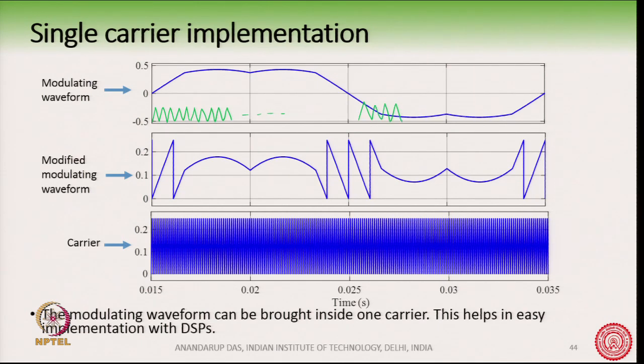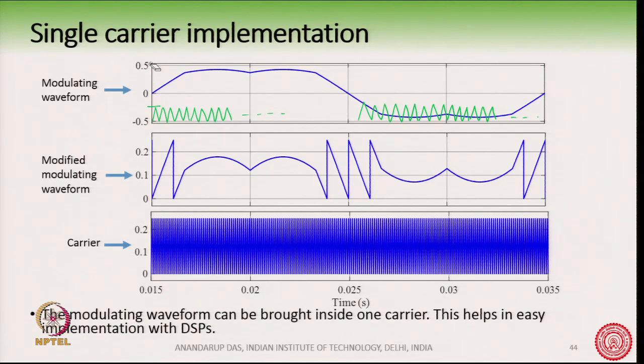This is the lowest carrier. Right. So, if I want to implement, these are the 4 carriers, here there is the second carrier, third carrier and then the fourth carrier, not shown here. So, we are not going to use these 4 carriers, but instead we will be using a single carrier.